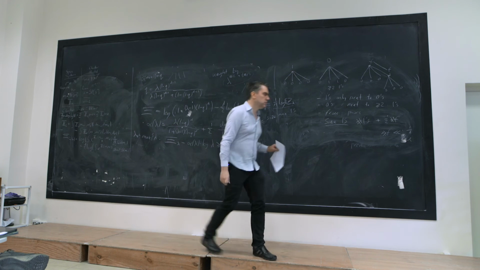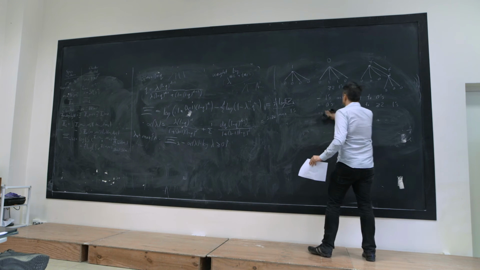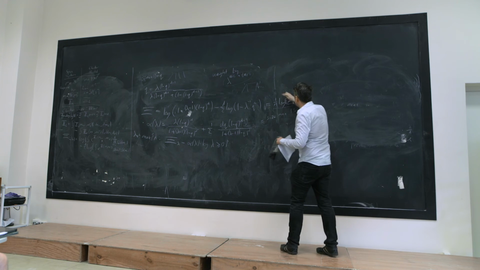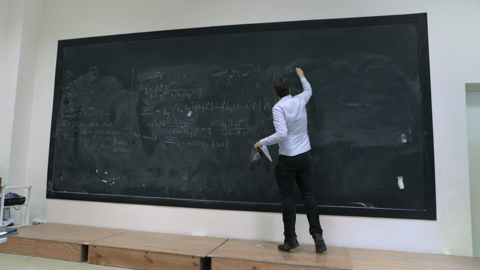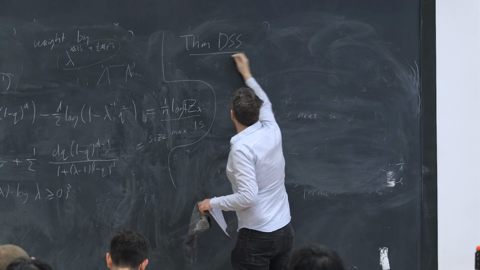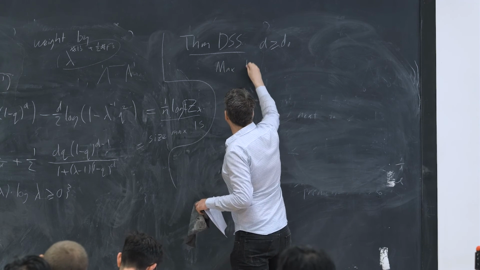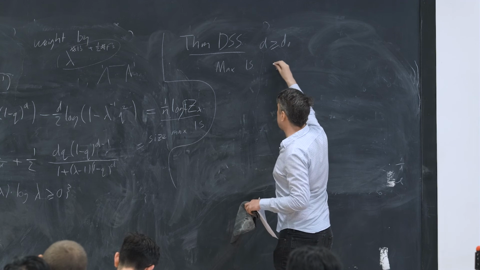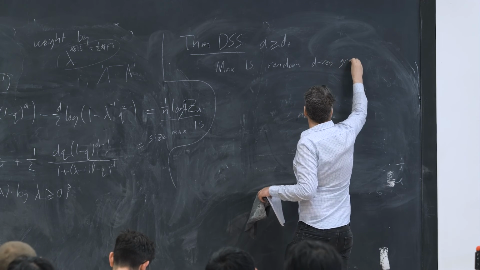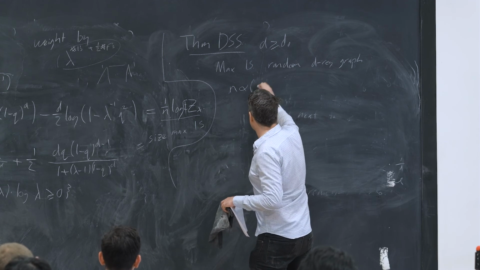And then the theorem is that when D is sufficiently big, the maximal independent set on a random d-regular graph is n times alpha of lambda star.